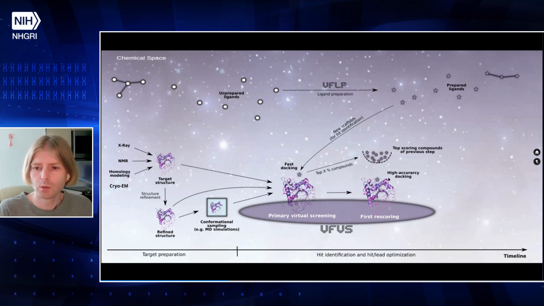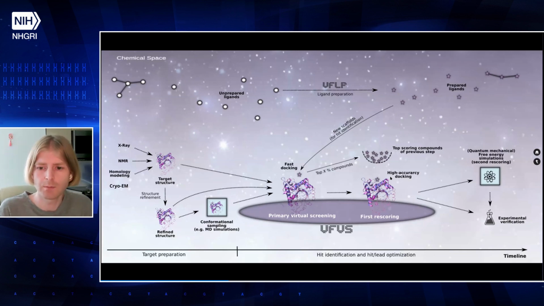Here we can, for example, include protein flexibility, the side chain flexibility, backbone flexibility. We can use different docking programs in consensus docking mode or ensemble dockings if the protein is very flexible. If we want, we can even do a third stage where we use free energy simulation methods, possibly also quantum mechanics if needed. For example, if it's a metalloenzyme, it can be important. At any stage, we can go to experimental validation, if we can order the best few hundred compounds and test them in the lab.